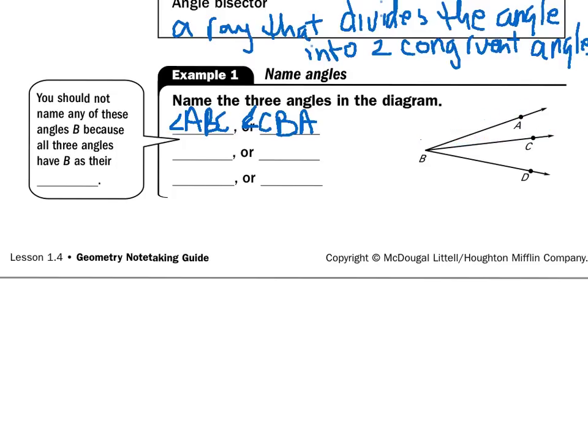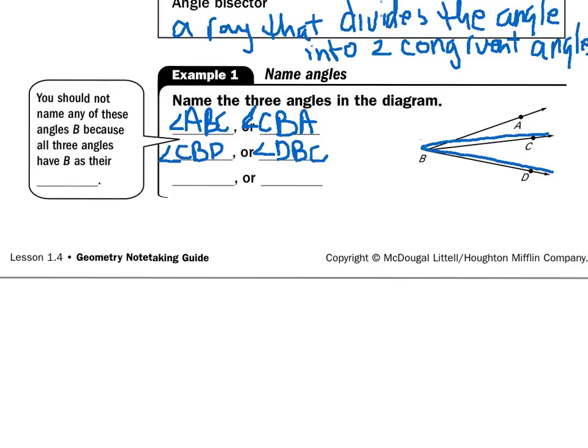Let's do the next one. Would be angle CBD or angle DBC.